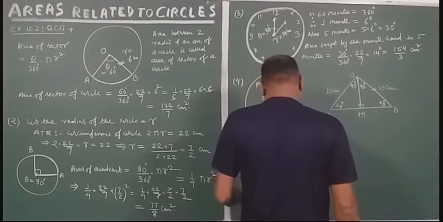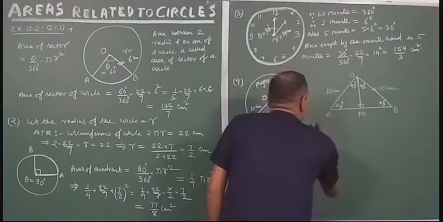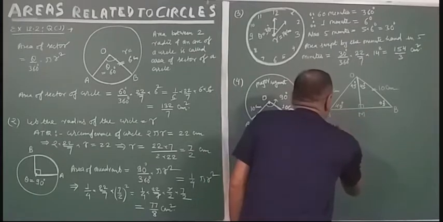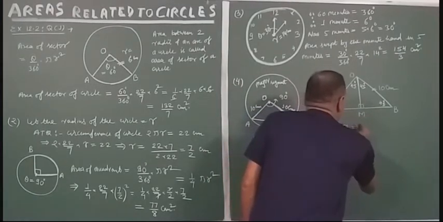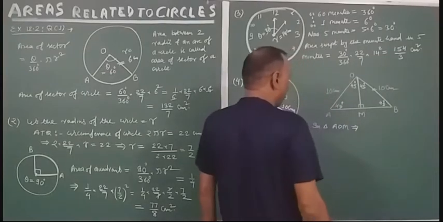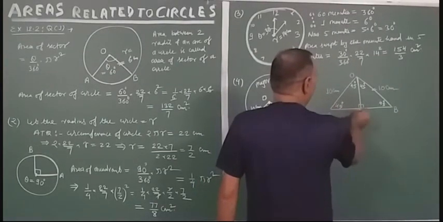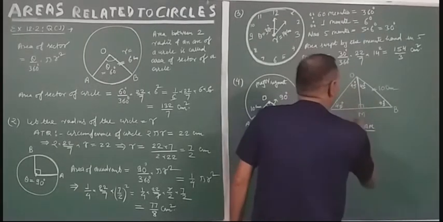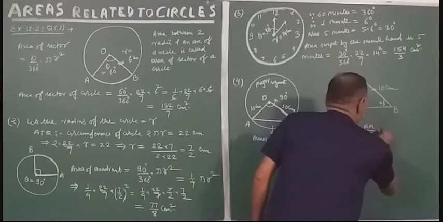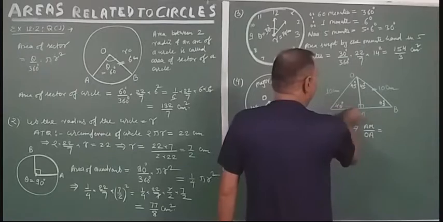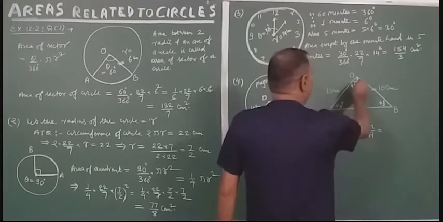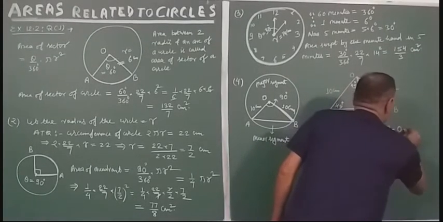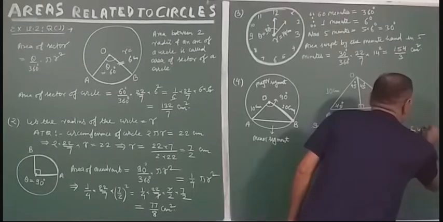In triangle AOM, just use the trigonometry. This AM upon OA is equal to, this is perpendicular upon hypotenuse, that is sine of angle O, that is sine 45.